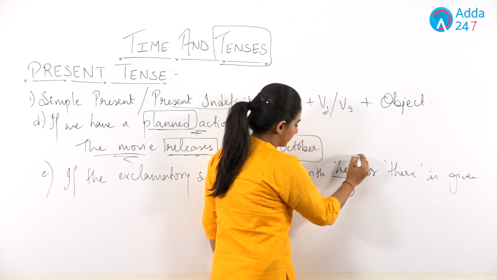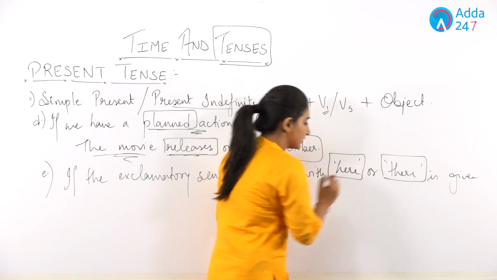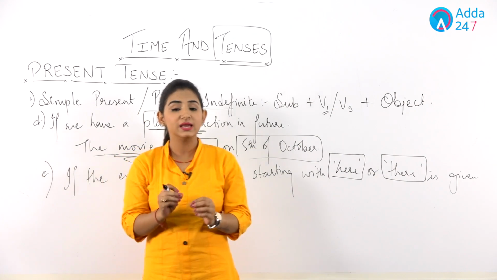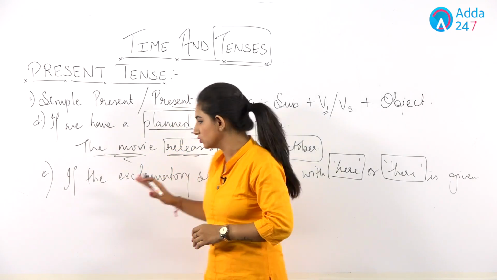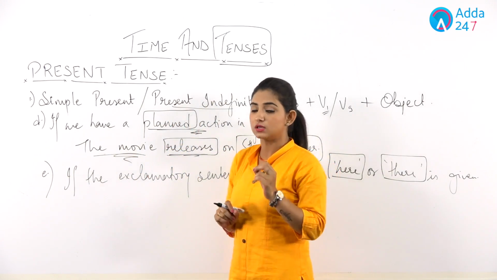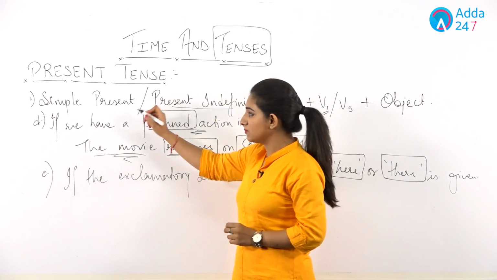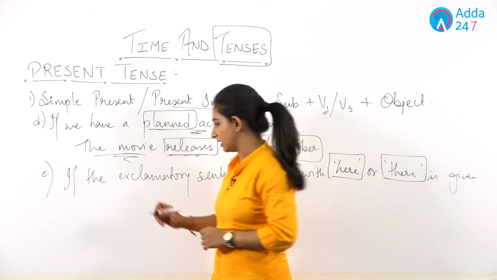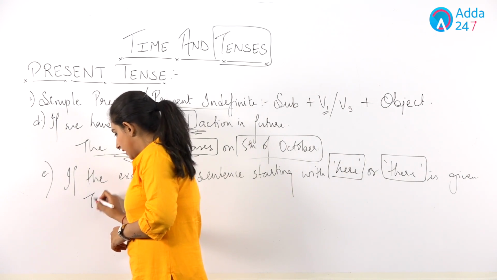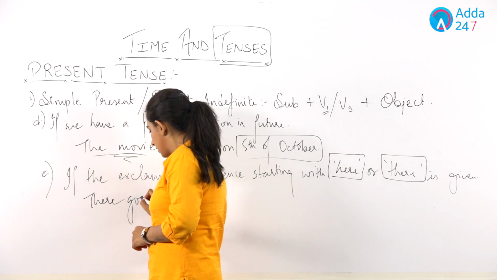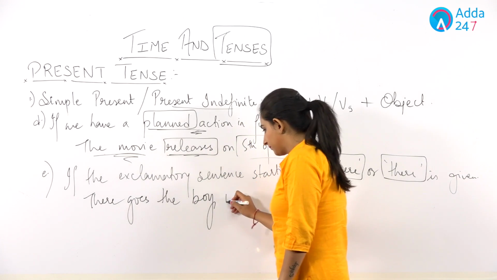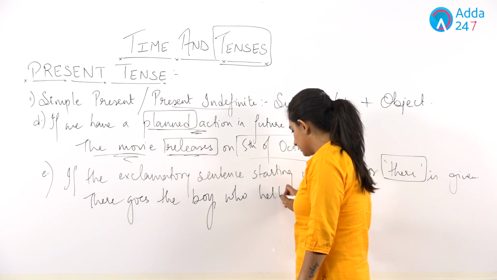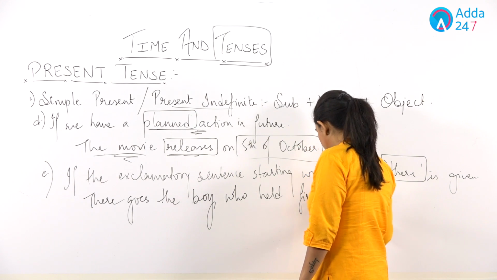If there is an exclamatory sentence which starts with here or there and we have a sudden expression in the sentence, that is where we'll use an exclamatory sentence starting with here and there, and the simple present rule will be followed there. Like, there goes the boy who held first position.